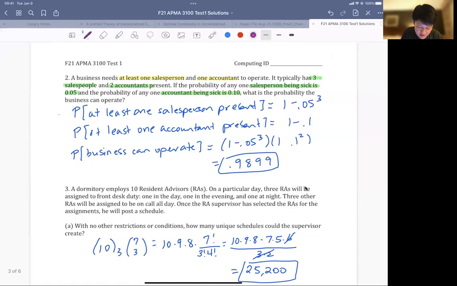So let's first look at the probability that at least one salesperson is present. This basically means at least one salesperson is not sick, okay? Then what is its probability? We have to consider the complement of this to compute this in an easy way. The complement of this event is that all the salespeople are sick, okay?